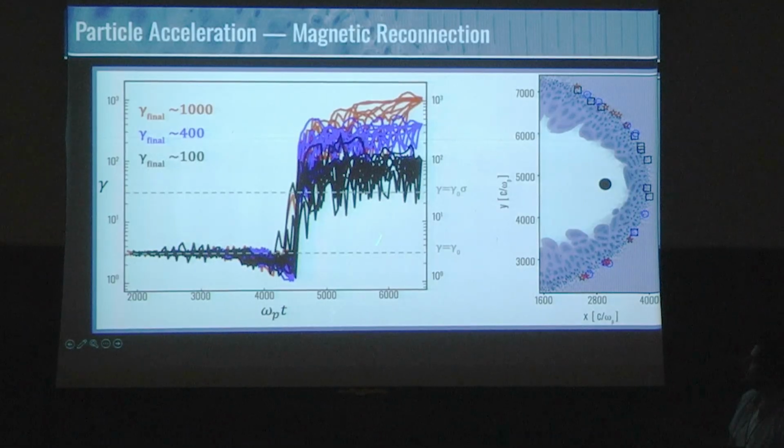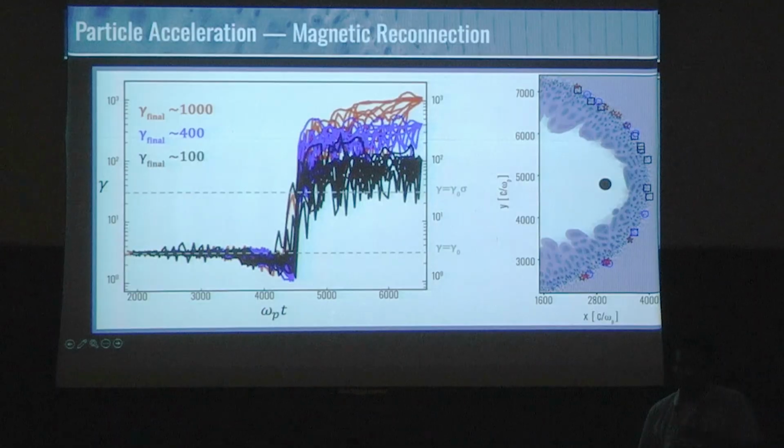But what's special about this subset of particles is that they all interact with this intra-binary shock at the same time, which is here. And you can see that when they interact with that shock, they shoot up in energy, and then depending on their individual history, they can either stay relatively fixed at about 100, maybe they climb up a little bit more to 400, or they can shoot up all the way to 1,000.